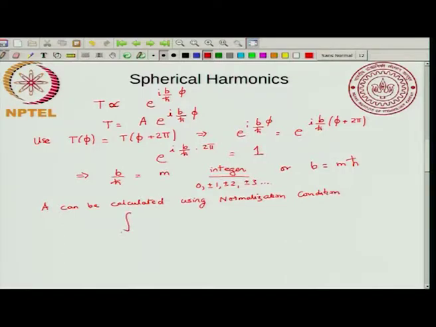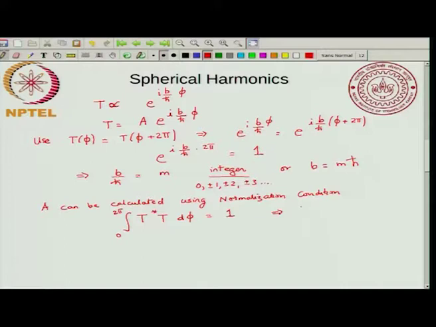The normalization condition is the integral from 0 to 2 pi of t star t d phi equal to 1.